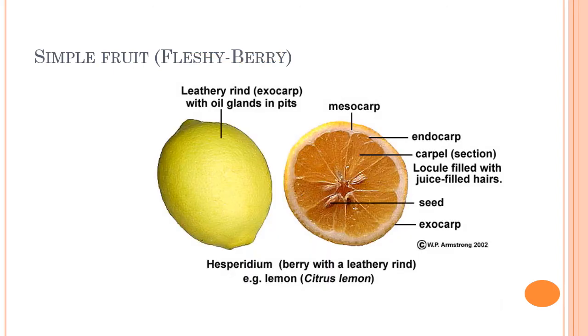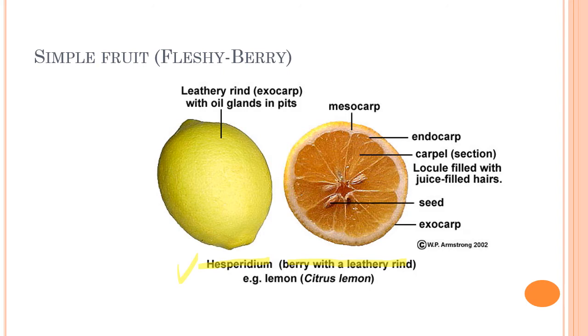If you dissect another berry, a fleshy fruit, this is called Hesperidium, remember, because this is also a citrus. Citrus includes oranges, mandarins, limes, and lemons. All of these are citrus, and they are all berries with a leathery skin, a leathery rind, and that's why they are all called Hesperidium.